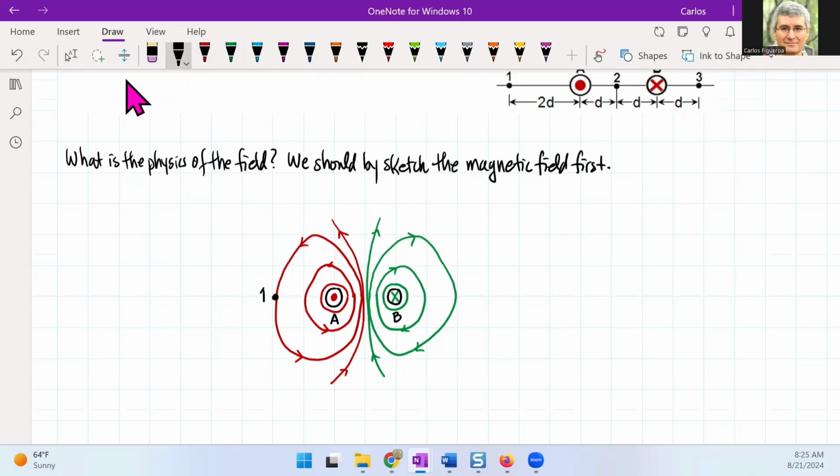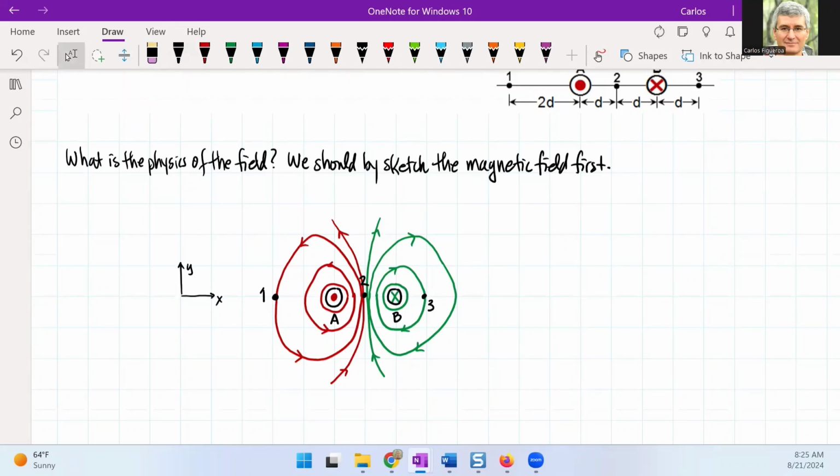This is point 1. And you could see I expect, because the field lines are spread out, a weaker field. And then we're going to calculate where the field is strongest at point 2. And then over here, we're going to call this point 3. So point 3 is closer to B than 1 is closer to A. So our axis here is that this will be our x-axis, and this will be our y-axis.